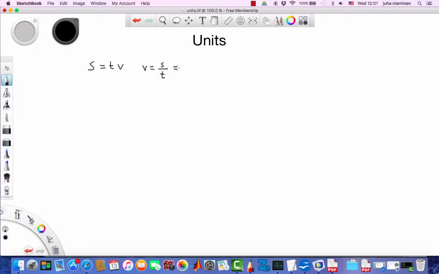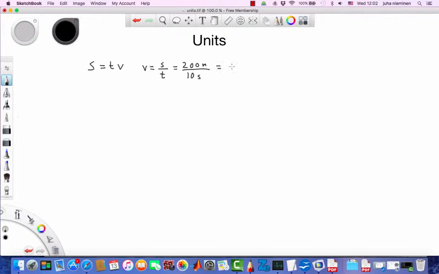So let's say the distance is 200 meters and that is covered in 10 seconds. Oh, my bad. Of course 200 meters only, not meters per second, and the time is 10 seconds.